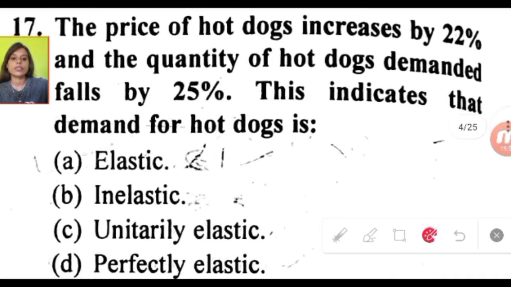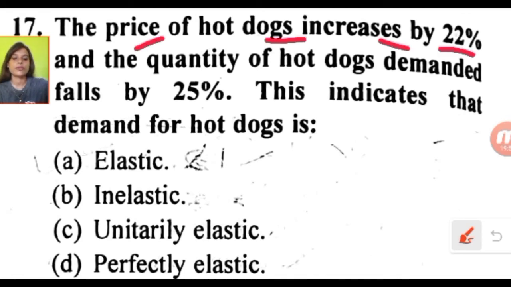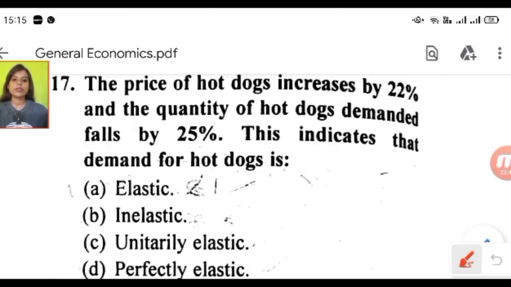Moving over to the next question. The price of hot dogs increases by 22% and the quantity of hot dogs demanded falls by 25%. This indicates that demand for hot dogs is. So your answer would be number A. Why?